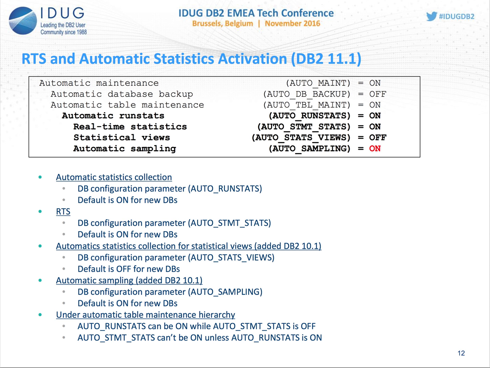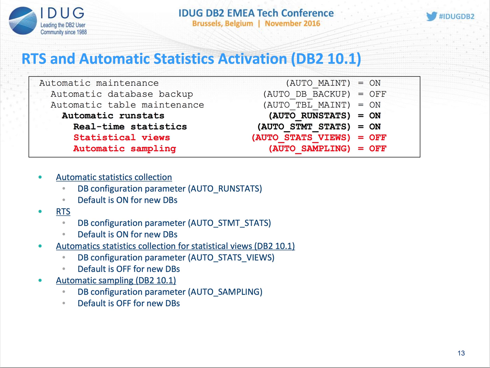And then just walking backward in time for what the configuration parameters looked like back in 10.1, the last time they were changed. In 10.1, the statistical view switch was added, and the auto sampling switch was added. But at that point in time, they were both off by default.